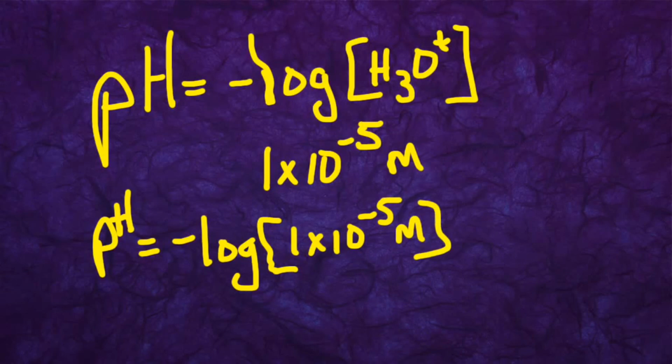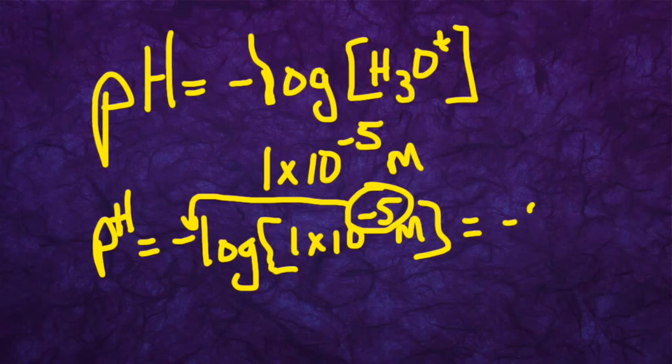Here's how we figure it out. If you remember, this exponent comes out in front of the log, by our log rules. So this becomes negative times negative 5 times the log of what's left over, which is 10.